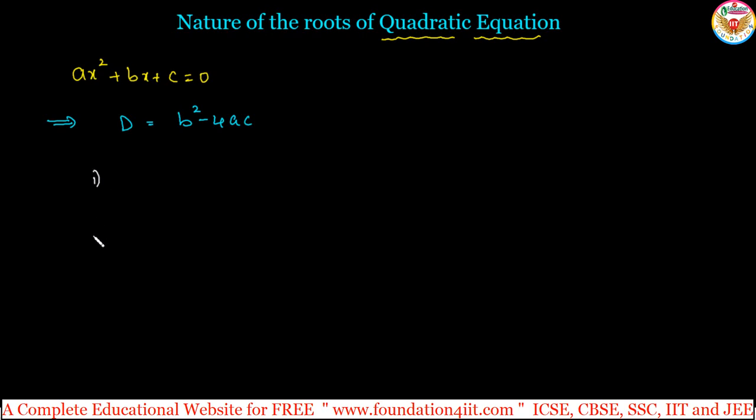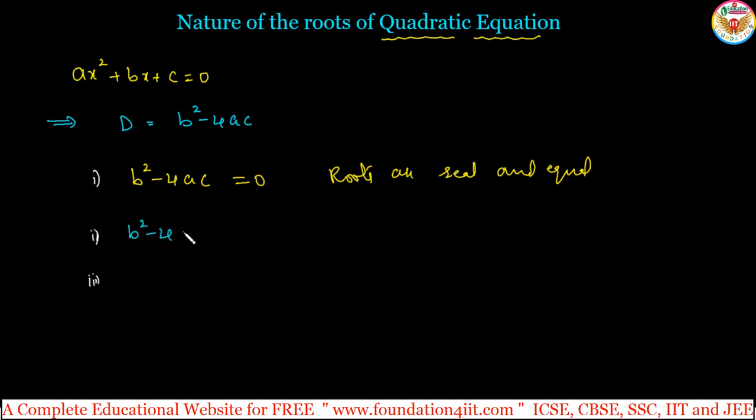So, three points. After finding b square minus 4ac using the general form, first let me give the formulas. If b square minus 4ac, the discriminant, is equal to 0, then the roots are real and equal. There are three options: either equal to 0, greater than 0, or less than 0.